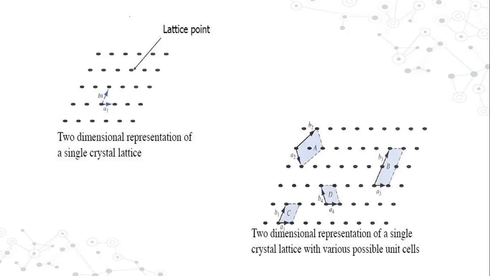You can see the first one, the two-dimensional representation of a single crystal lattice. The next one is the two-dimensional representation of a single crystal lattice with various possible unit cells. You can see the cube-like structures as unit cells in the second picture.